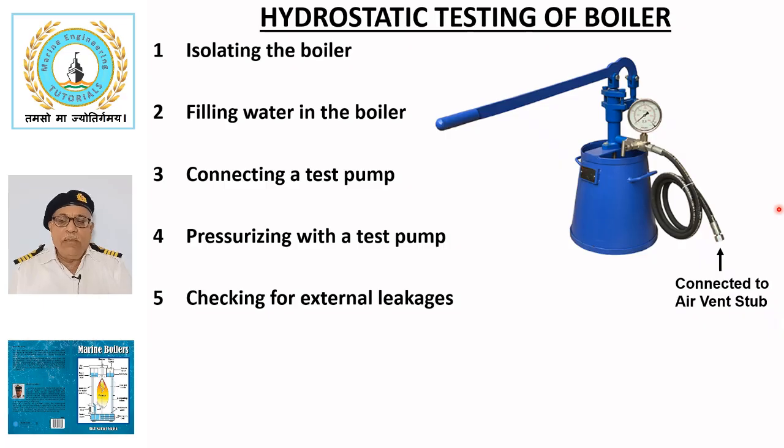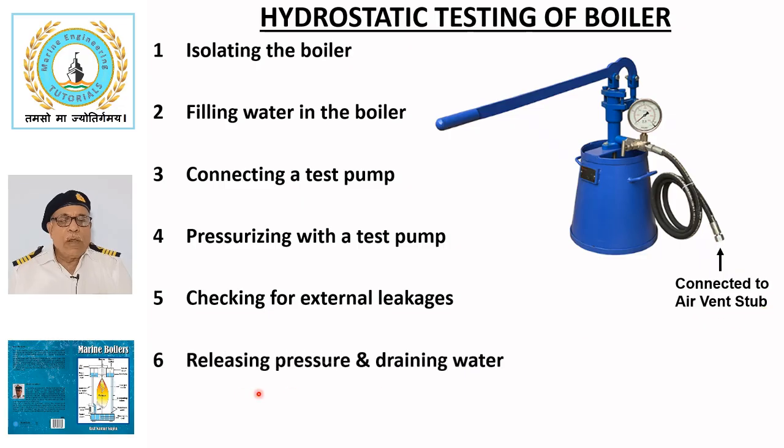Pressure is measured by a calibrated pressure gauge. Releasing pressure and draining water. The pressure is maintained for a period of 30 minutes, during which no pressure drop or external leakage should be visible.